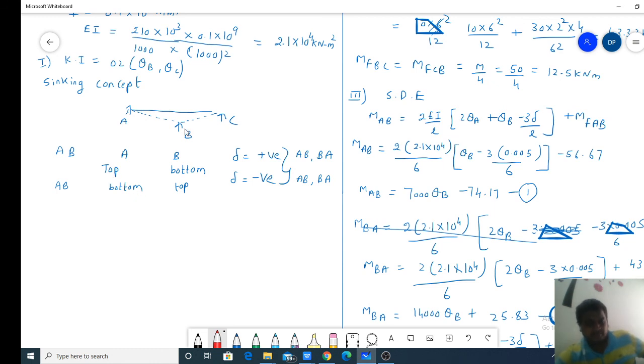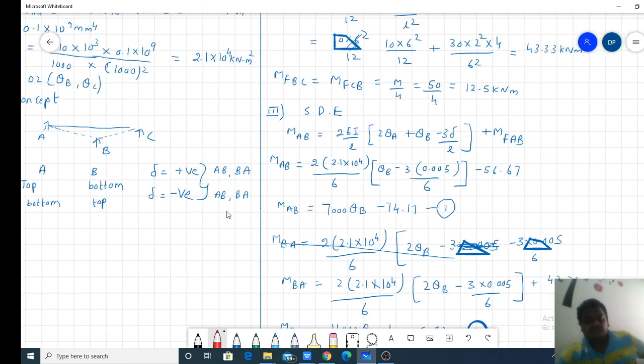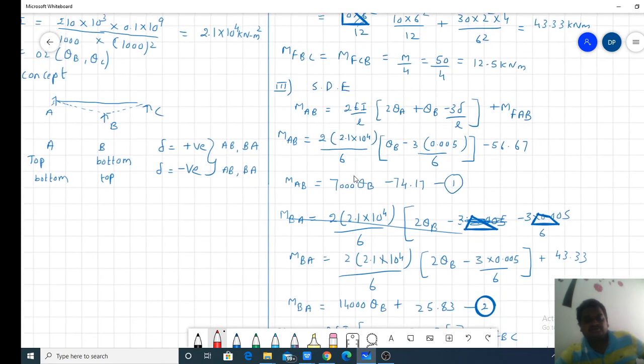Similarly, whenever I am taking AB, if A is to the bottom and B is to the top, then delta will be negative, and whenever I am solving for AB and BA, that should be negative. Here, when I am considering BC, B is to the bottom and C is to the top, and with respect to that I have taken BC and CB. When I am writing the equations, there I have considered delta as negative, right? So this is with respect to the sinking concept, and these are the numericals.